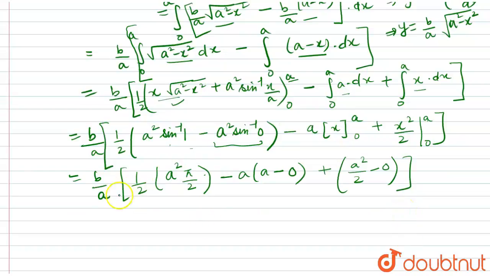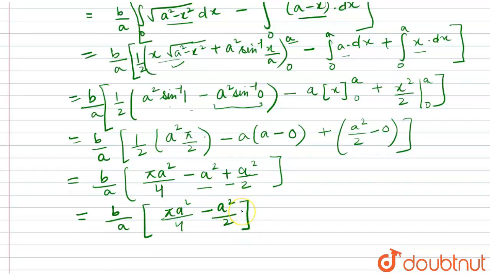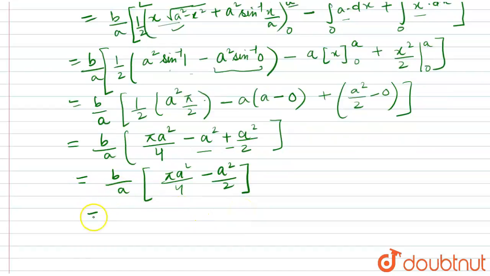And then what we have next is b upon a, and if you club up the terms, that will become pi a square upon 2 times 2 is 4 minus a square plus a square by 2. So now student, let us see how we can club all the terms. That would lead us with b by a, and here if you do a square minus a square plus a square by 2, that would give you minus a square by 2.